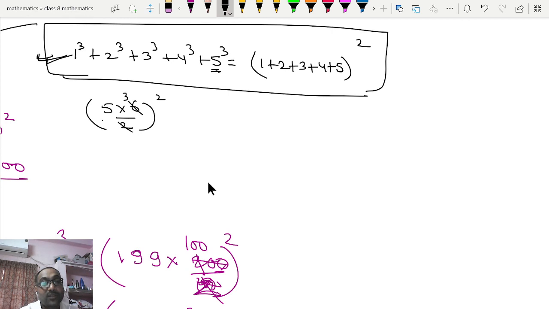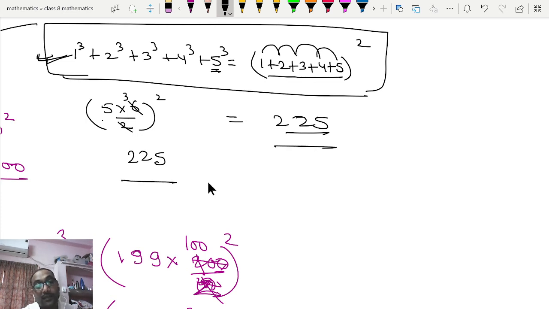3 fives are 15, and what will be the square of 15? 225. Now we are adding this: 1 plus 2 is 3, plus 3 is 6, plus 4 is 10, plus 5 is 15, and 15 square is 225.